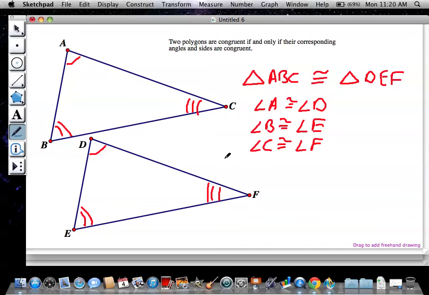This also applies to their side lengths. So, segment AB. So therefore it is congruent to DE. Notice I'm following right along with the label here. Segment BC is congruent to EF.